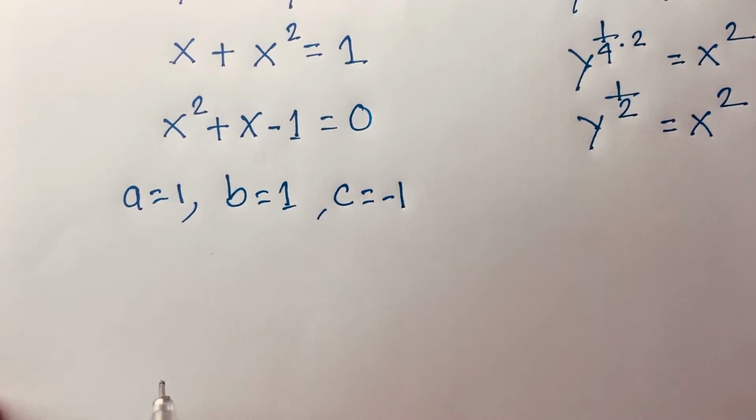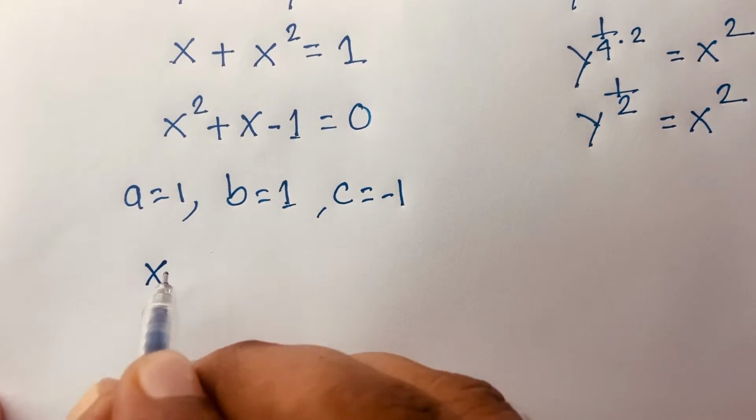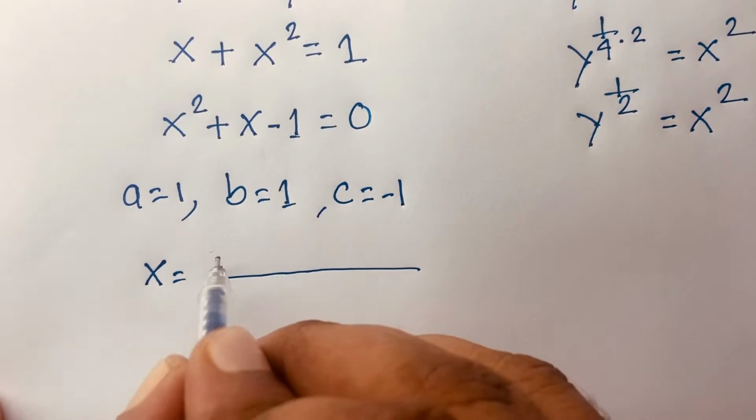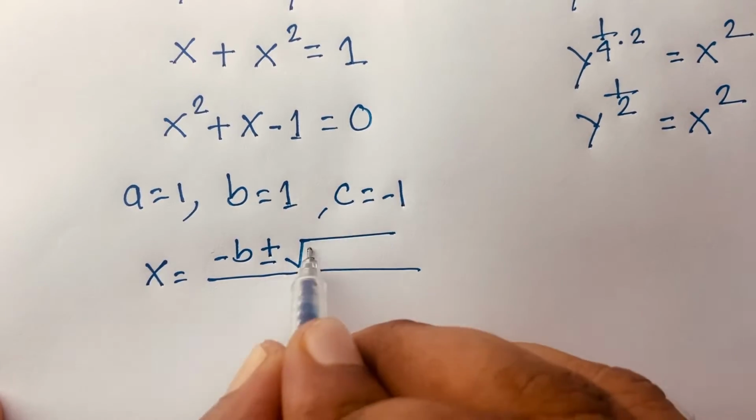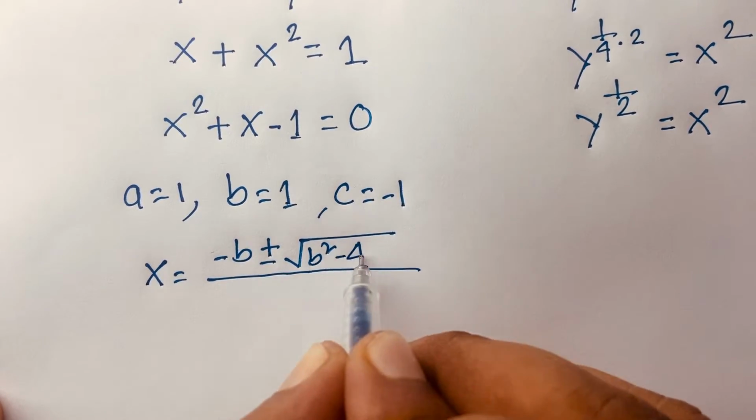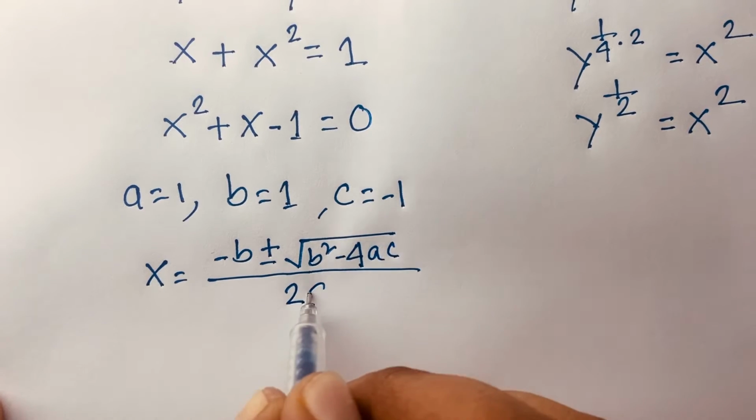Then x is equal to minus b plus or minus the square root of b squared minus 4ac, over 2a.